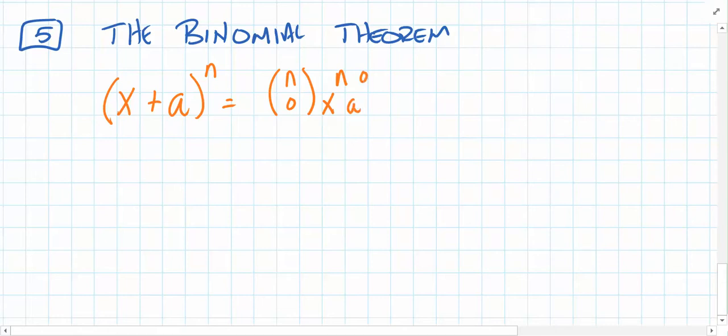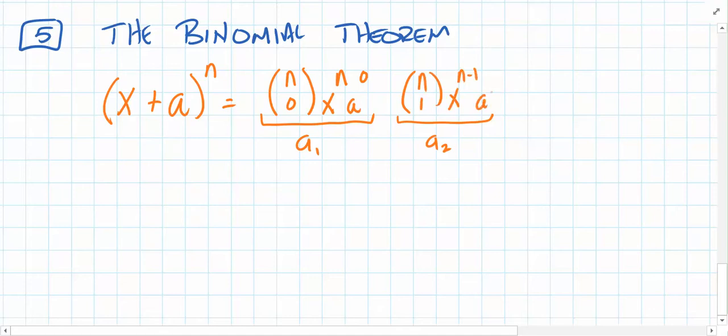Okay? So let's talk about what we see here. And you've actually seen this, you just don't know it up above. This right here represents the very first term. The very next term is going to be n choose 1, x to the n minus 1, a to the 1.